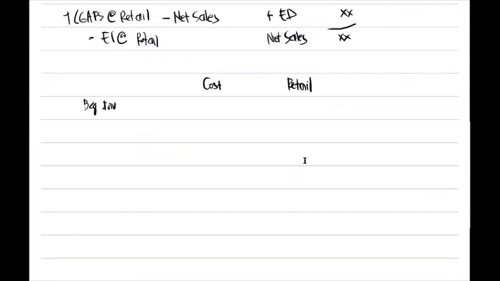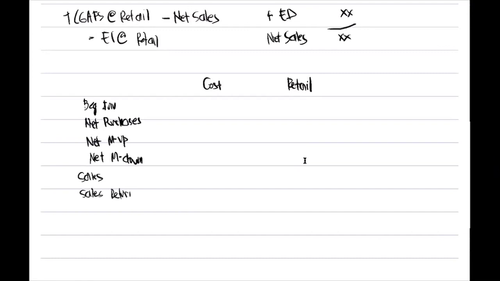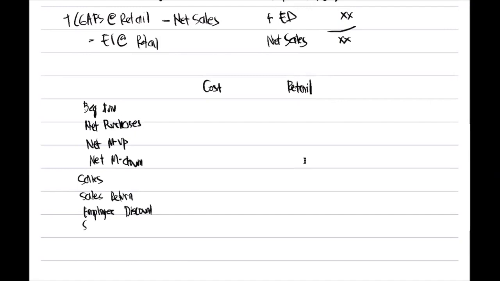Beginning inventory, we have your net purchases, and then we have your net markup, your net markdown, your sales, sales return, employee discount, sales discount, normal loss.